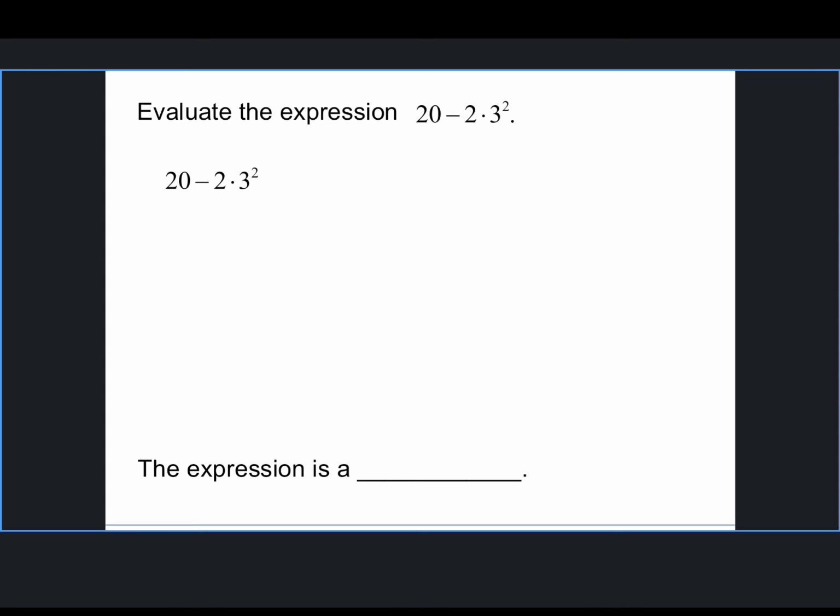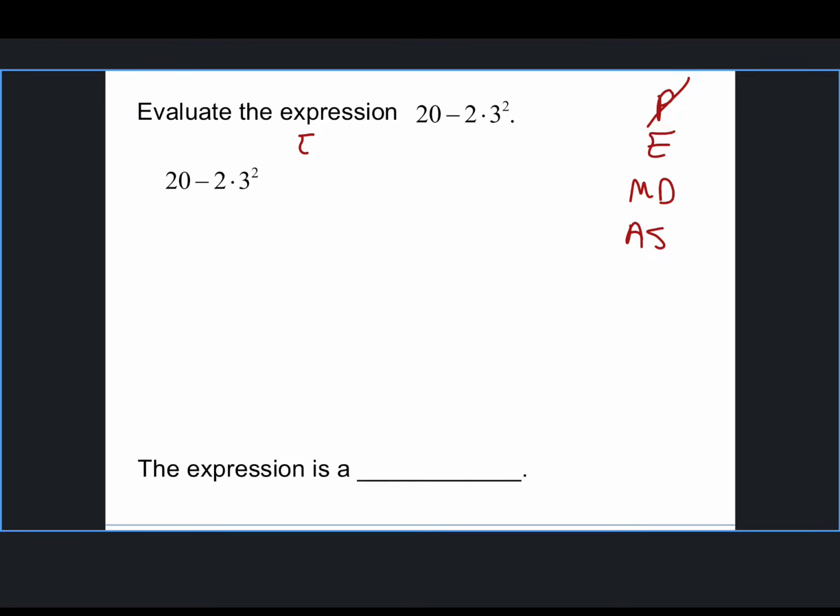No, there are not any grouping symbols. So we then move on to the exponential expressions.